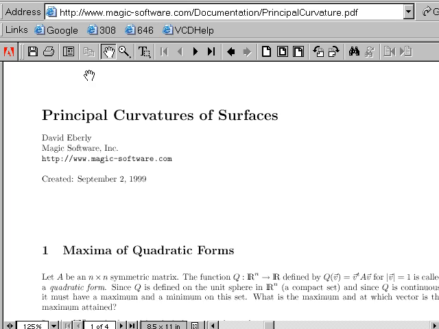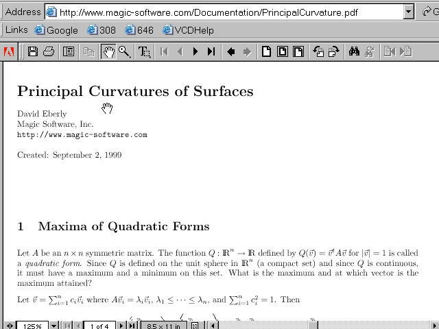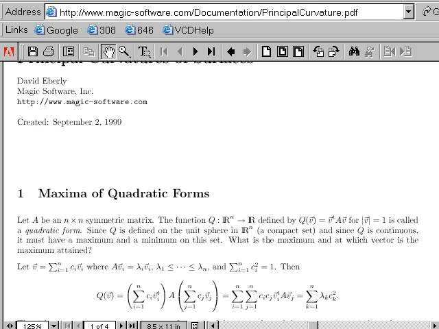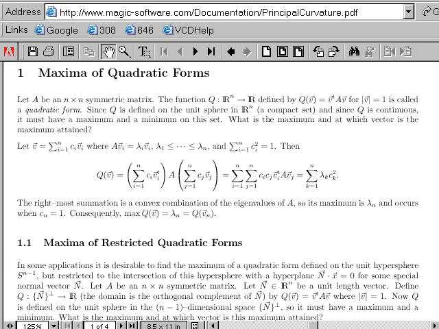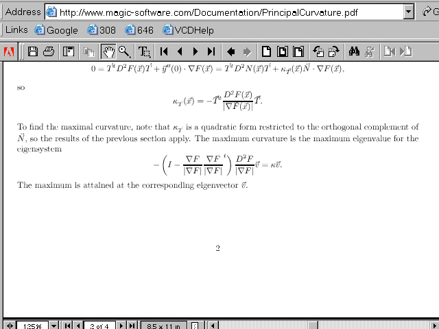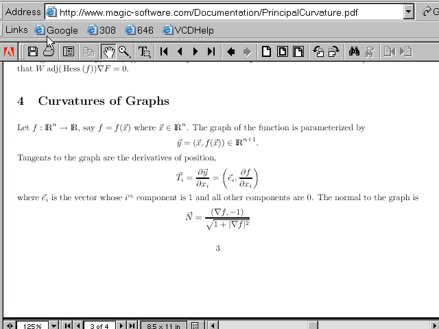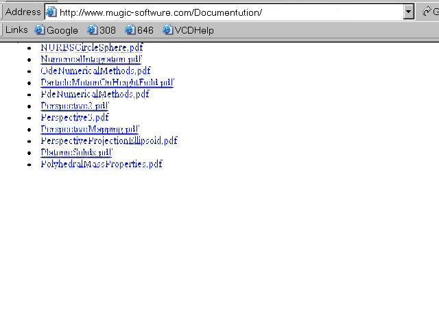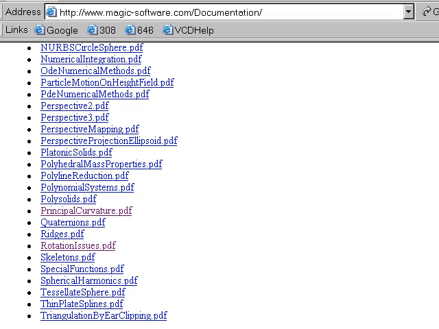Now, we've talked a little bit about this in the algorithms, but have not really gone to this much extent here. So this is quadratic forms and implicit surface curvatures. Okay, so I give that to you as a good reference.